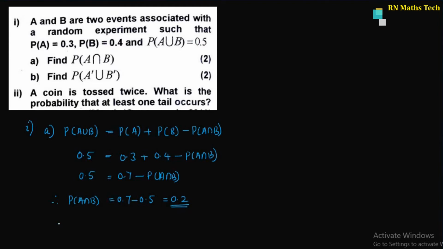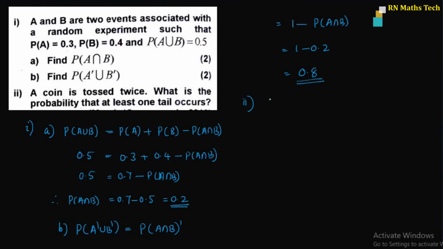Okay. Now B part, P of A dash union B dash is equal to, this is A intersection B the whole dash, which is equal to 1 minus P of A intersection B, this 1 minus 0.2, 0.8.